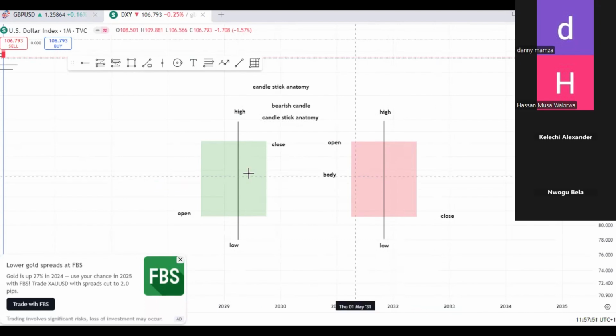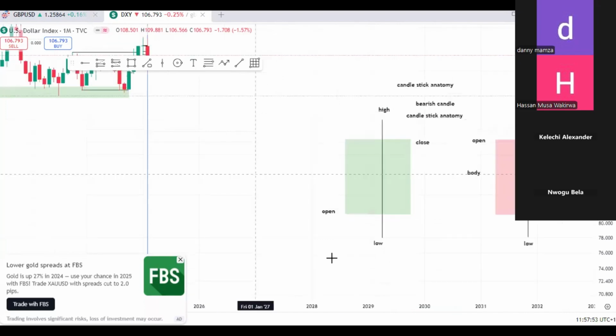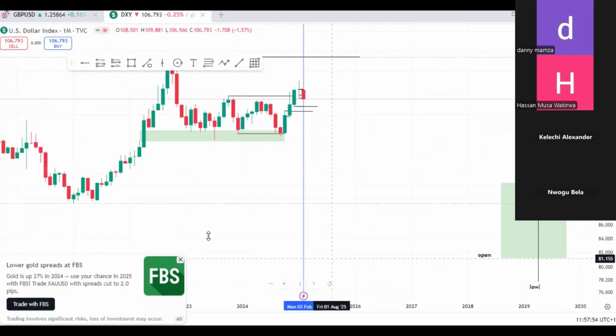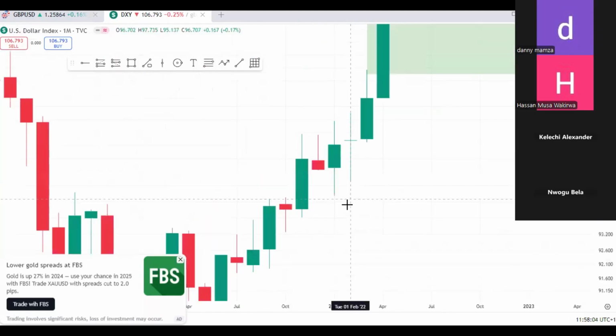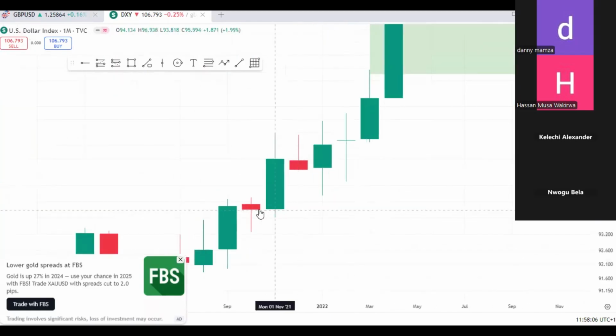So let's go into a live chart so that I can show you a couple of things before we proceed to the next topic. Now look at this. Let me zoom in. This is a bullish candle here. The market opened here, went down, rallied and formed the high, and then went down and closed here.